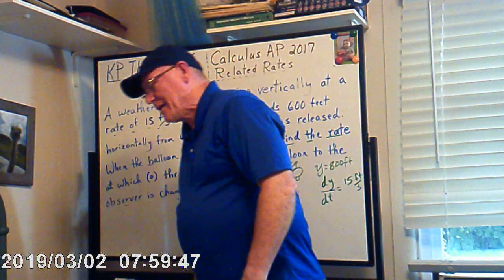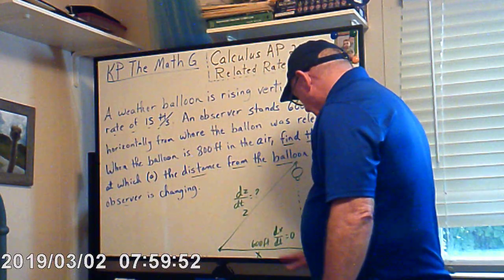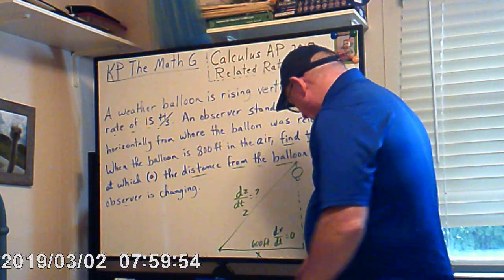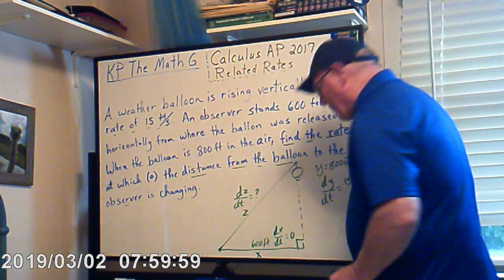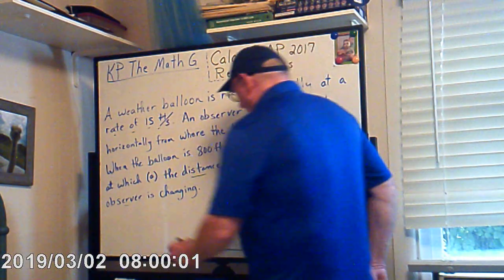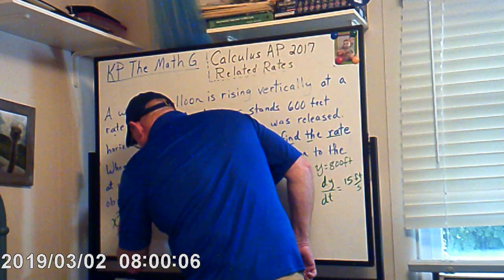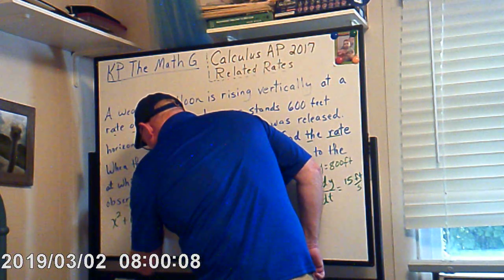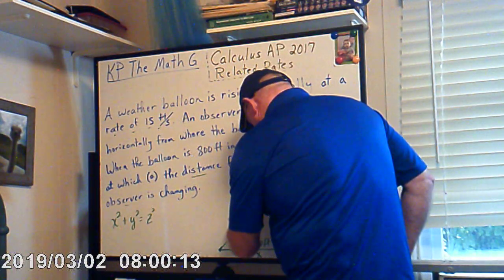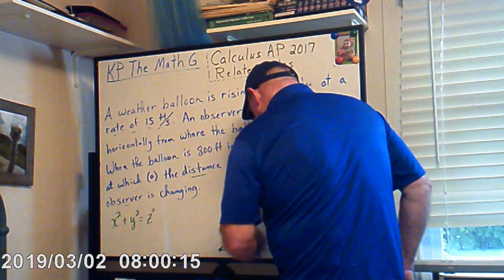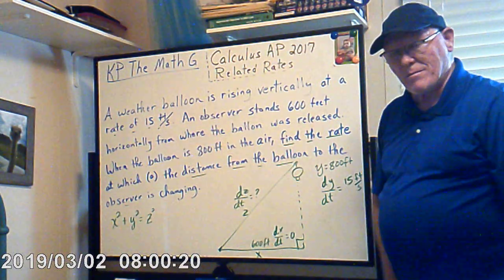Alright, so let's set up our problem. I'm going to set it up right down here. This is a right angle, so we can use the Pythagorean formula. We have x squared plus y squared is equal to z squared. I might put a line through z. That's what you've got to remember to do.